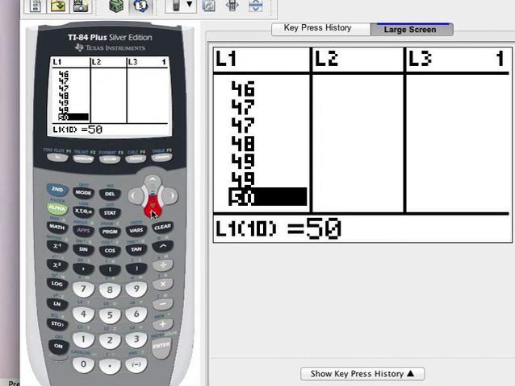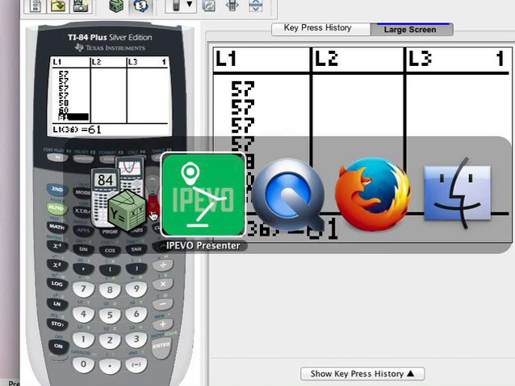Here's my first 50, so I'm going to count them: at least 50, but no more than 60. 1, 2, 3, 4, 5, 6, 7, 8, 9, 10, 11, 12, 13, 14, 15, 16, 17, 18, 19, 20, 21, 22, 23, 24, 25, 26. There are 26.